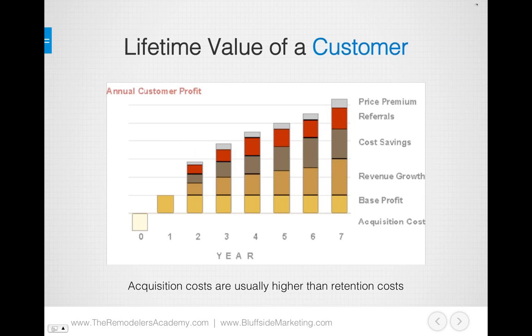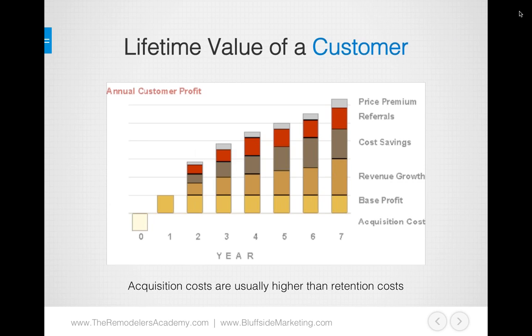Okay? And another thing here is looking at the lifetime value of a customer. It's so much cheaper to retain a customer and to resell to a customer, right? And they generate you a lot more profit every year, right? And you can see in this graph, and they also will generate you referrals as well, leading to more customers.